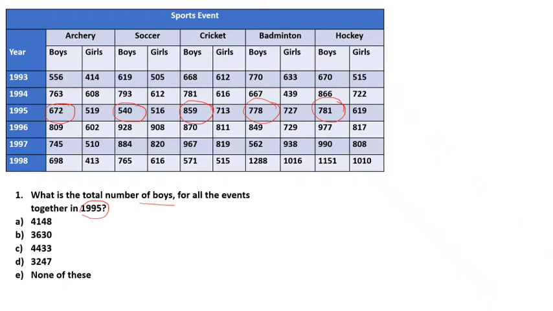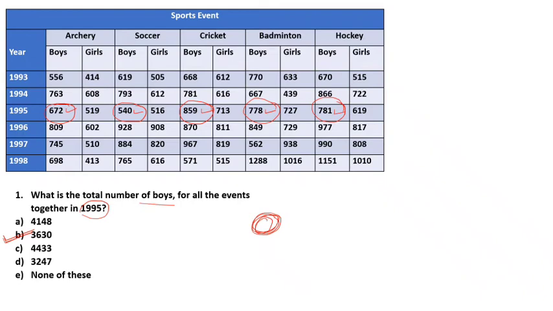So 20 means the last digit of the answer should be 0. When the last digit is 0, we have only one option here. So you can directly answer B as the correct option. Understand these tricks very clearly.